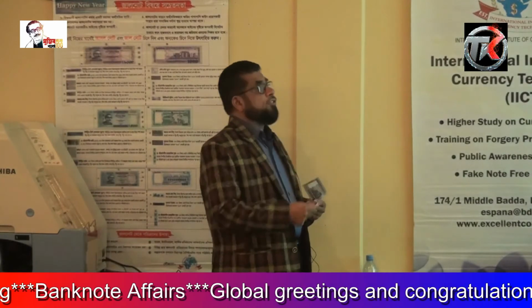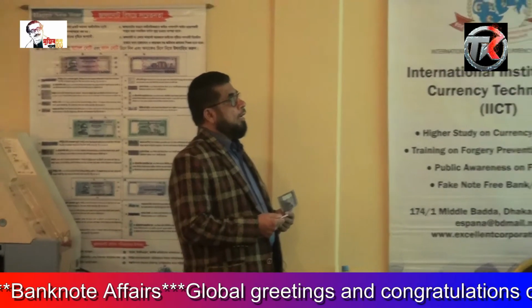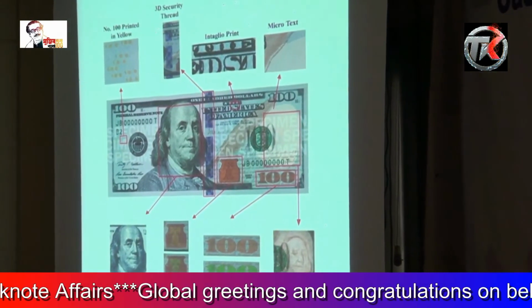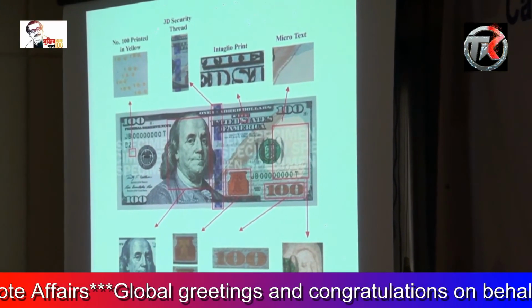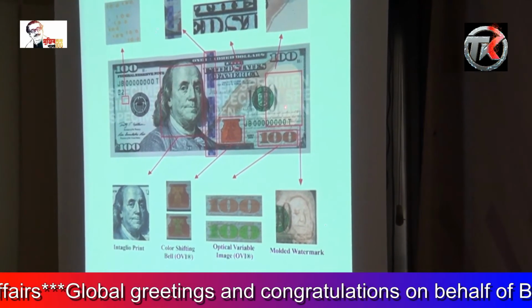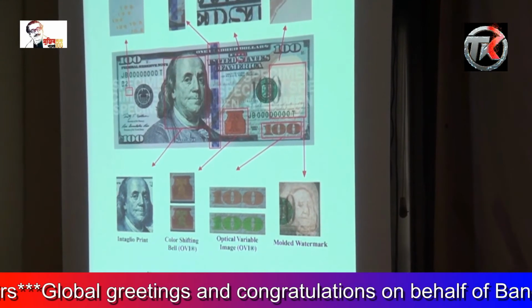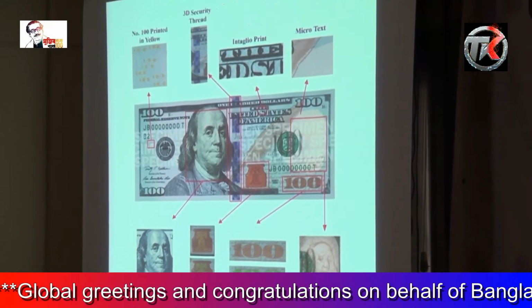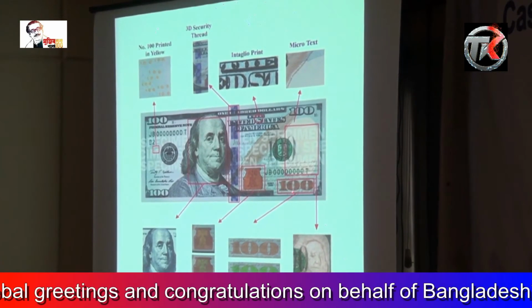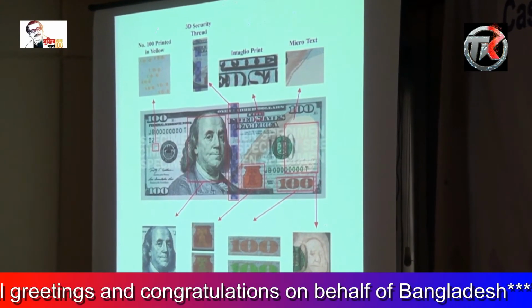Okay, here you see that this is the watermark. You need the light to see it or look at it, and it is a mold-made watermark. The OVI color shifting, you need the light.